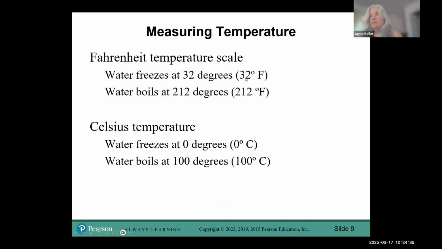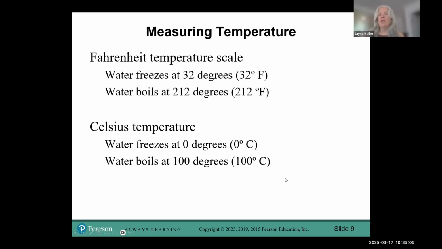And then we have temperature, and temperature is very different. Okay, there's a formula because temperature is measured differently. And in the metric system, we use Celsius. And this is really nice because 0 degrees Celsius is the temperature at which water freezes, and 100 degrees Celsius is the temperature at which water boils.